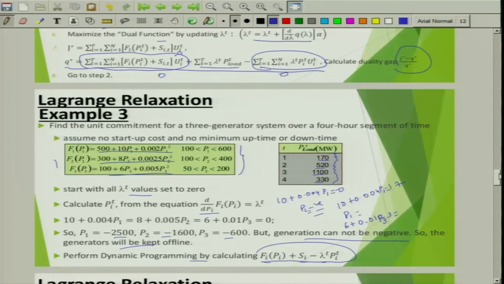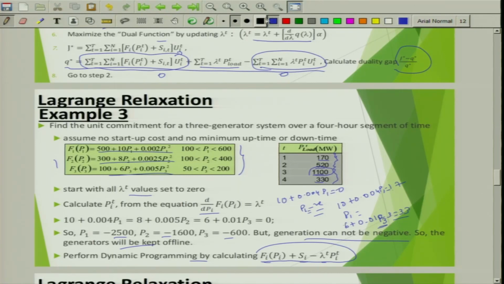But you can see here easily you can obtain for the fourth hour, you will get the generation as negative, right. So for the third hour you see here lambda value is 11, right, because dq by d lambda into alpha you are getting 11, right.